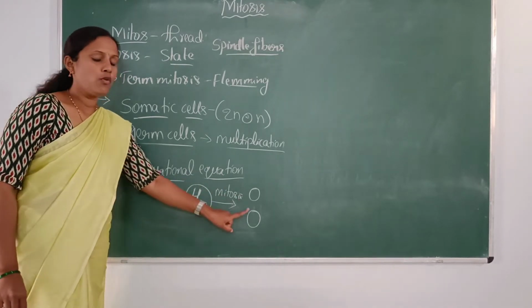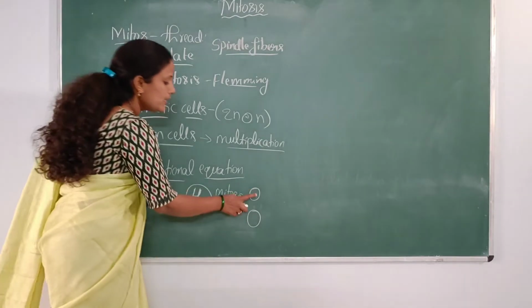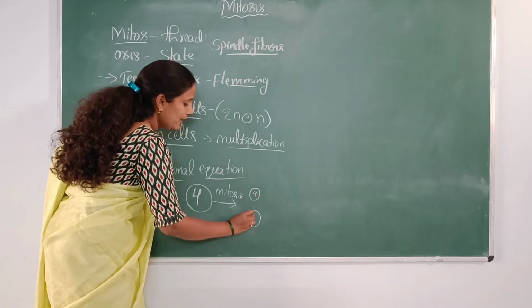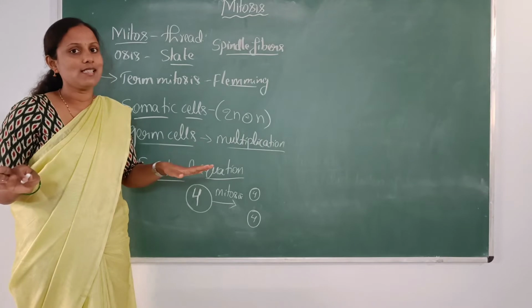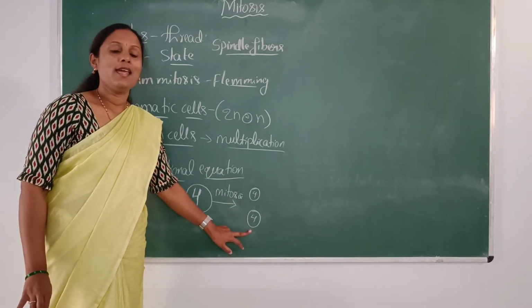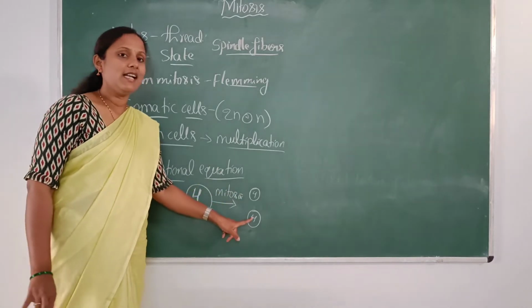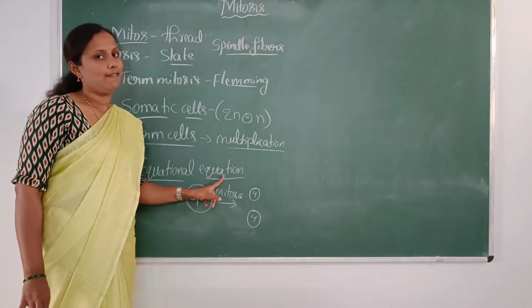Once this cell undergoes mitotic cell division and produces 2 daughter cells, these 2 daughter cells also receive the same number of chromosomes. There is no difference in the number of chromosomes in the daughter cells which are produced. Hence, the mitotic cell division is also called equational cell division.